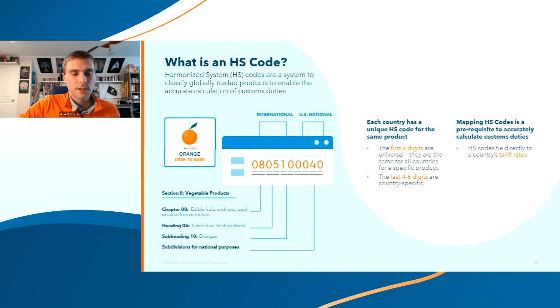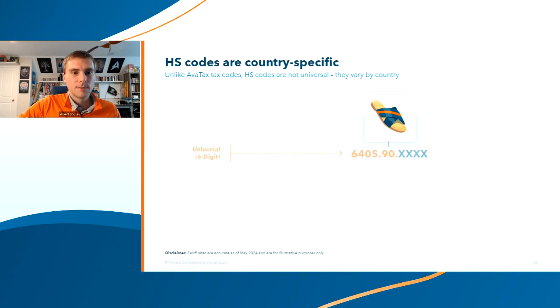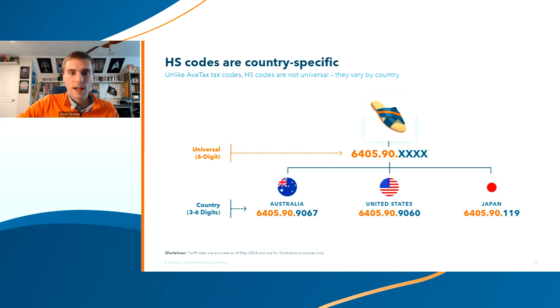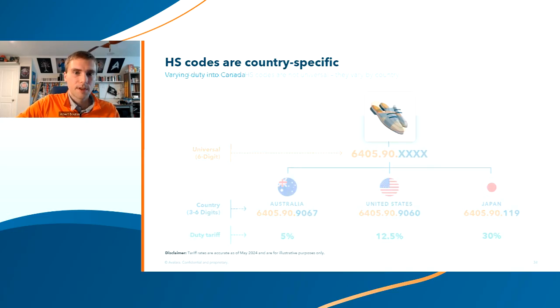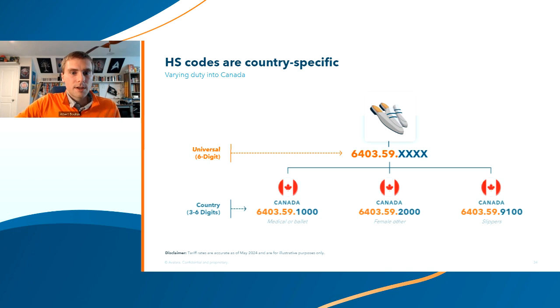So the first 6 digits of an HS code are universal across all countries, and they're going to indicate which product this is. You'll classify it to those 6 digits, and then the last 4 digits are country specific, and each of those countries may have a different duty or different rules around how you import it. In addition, the codes are extremely specific.